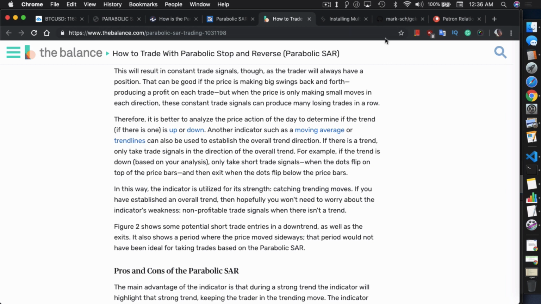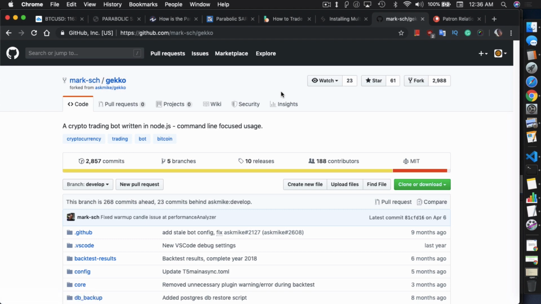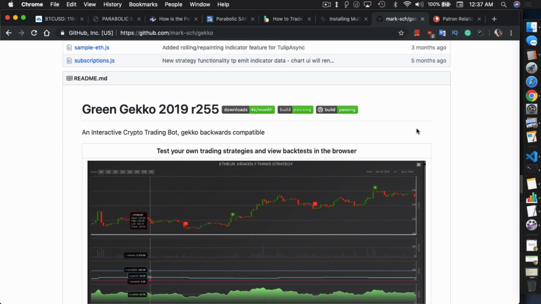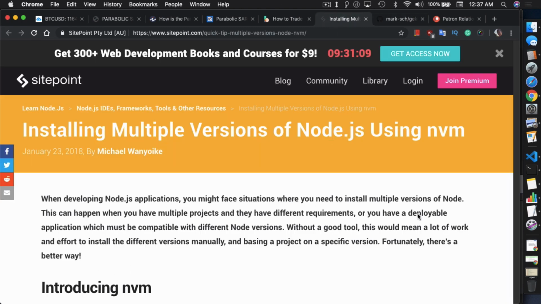But when I was trying to use it, I wasn't able to get the dependencies installed, mainly because I noticed that Green Gekko, what he has put together, uses a different version of Node, and that can cause a problem in terms of backward compatibility. So basically, yes, Green Gekko itself is backward compatible with regular Gekko, but in order to install the dependencies needed, you would need to have NVM.